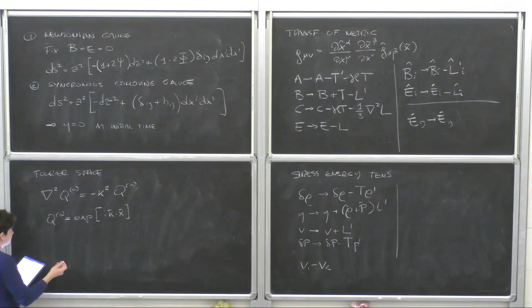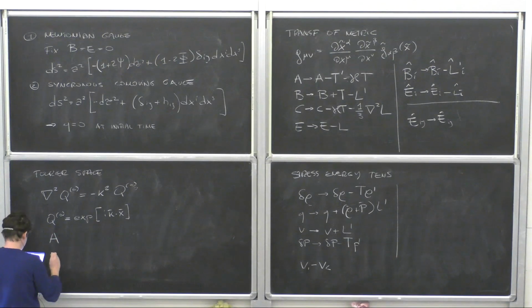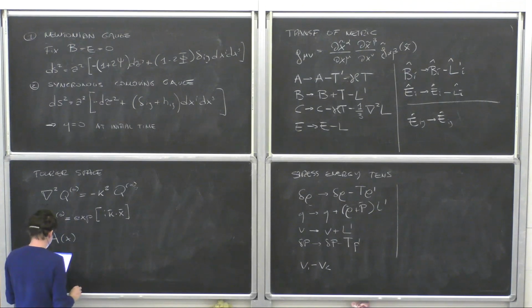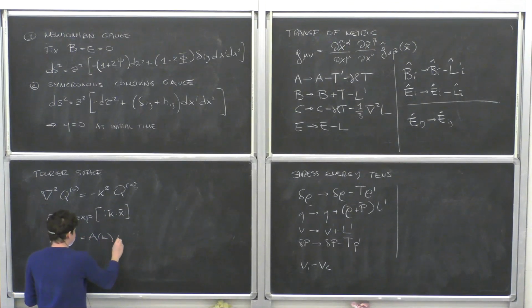These functions allow us to write our function of x as a function of k times q naught.